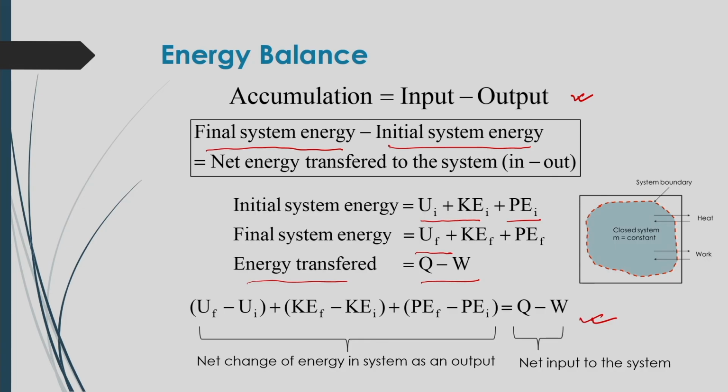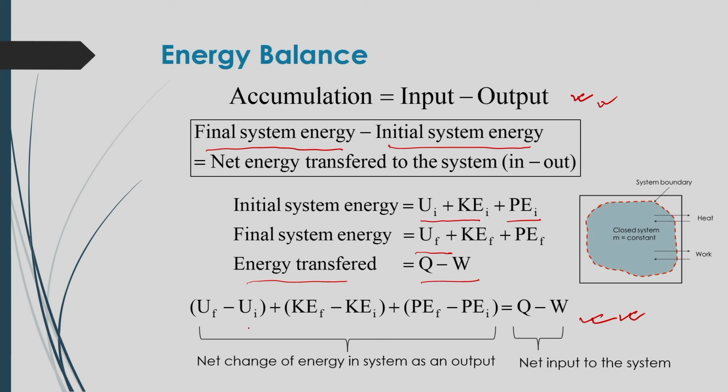Based on this net input to the system, the system energy changes from its initial to its final stage, and based on this we can formulate the energy balance equation.